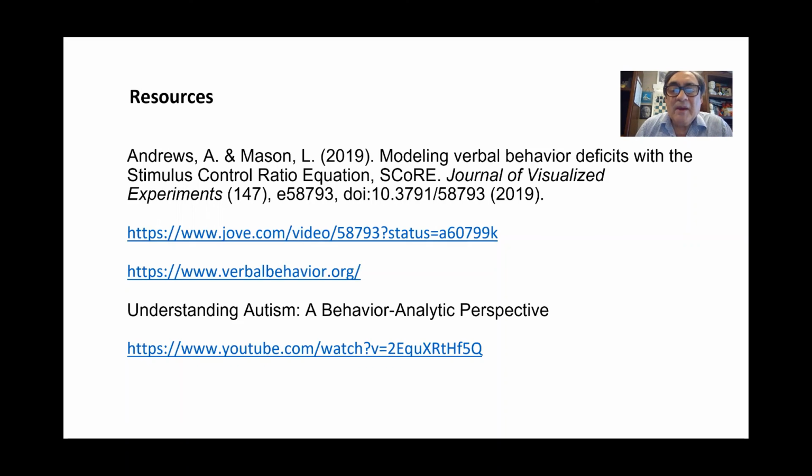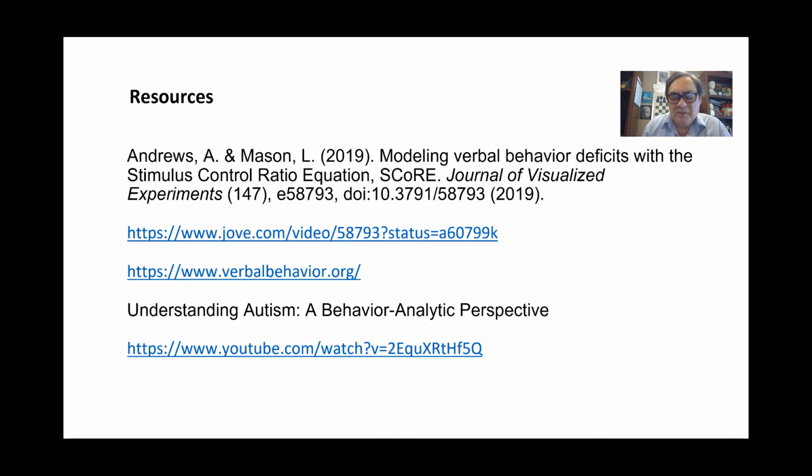Well, I'll tell you right off the bat that this first link is for the Journal of Visualized Experiments. There's a video that shows you exactly how to do this verbal operant analysis, and more so, it will tell you how to calculate SCORE, which again is a metrics of the disproportionality of language.